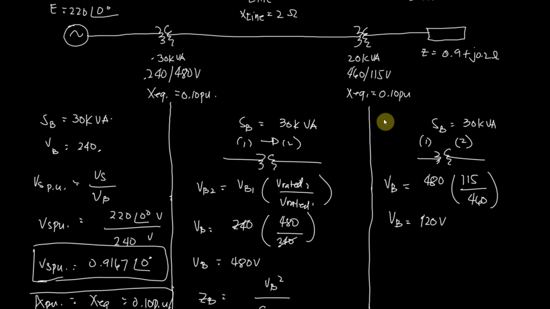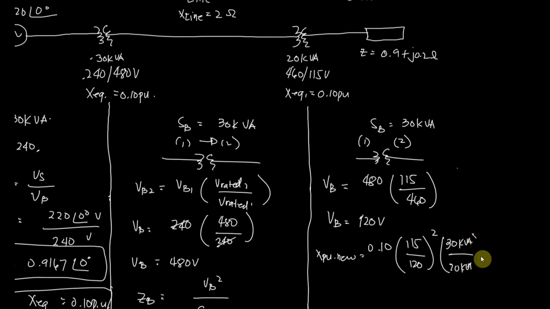Since we have the per unit reactance of this transformer with respect to its rating, but we now have a new base voltage, which is 120, and the transformer rating is 115, we calculate our new per unit reactance using equation 7 from earlier. The new per unit reactance is equal to the old per unit reactance, which is 0.10, times the old base voltage divided by the new base voltage squared. The old base voltage is 115, since that is the transformer rating, divided by 120, squared, and then the S new, which is 30 kVA, divided by the S old, which is the given 20 kVA.